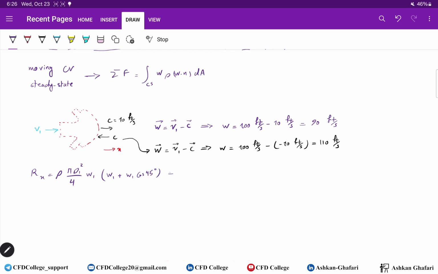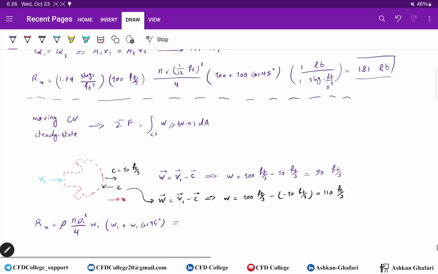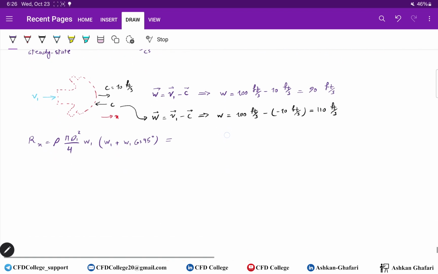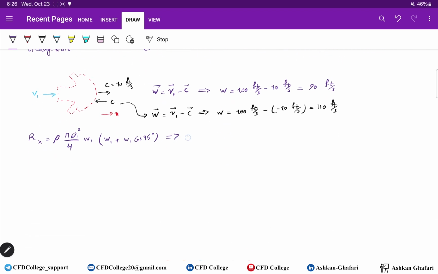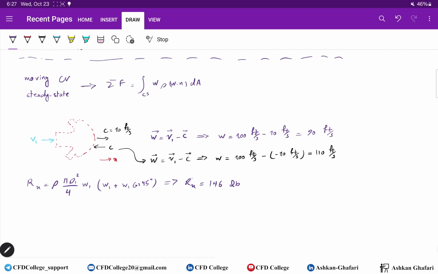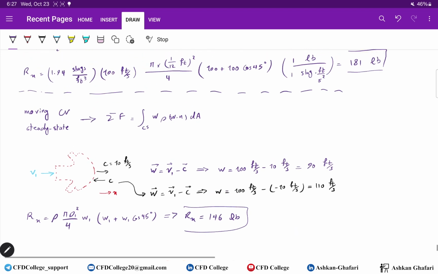And now you can do this calculation exactly like this, but instead of these 100s, you will have 90. So in this situation, Rx equals 146 pounds instead of 181. So the force we need is decreased.